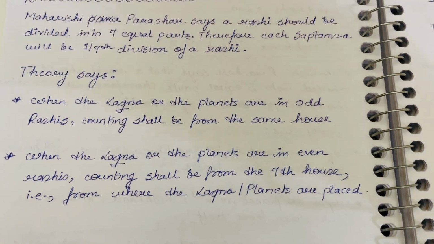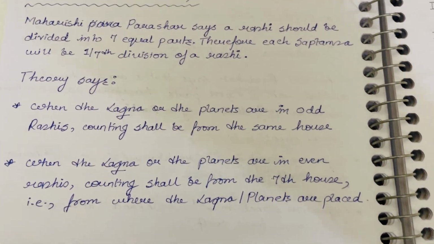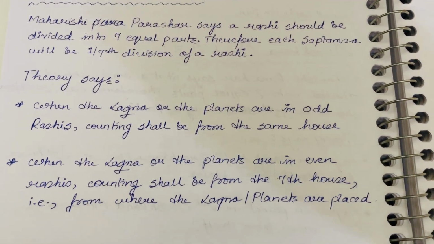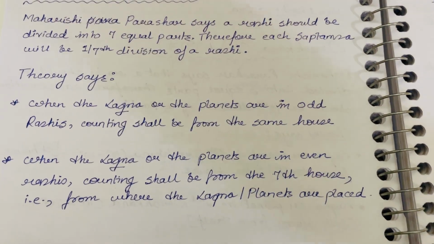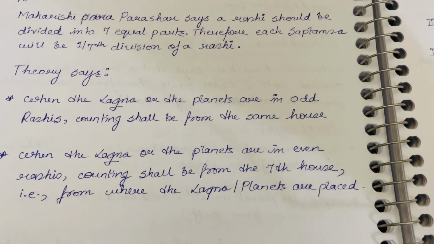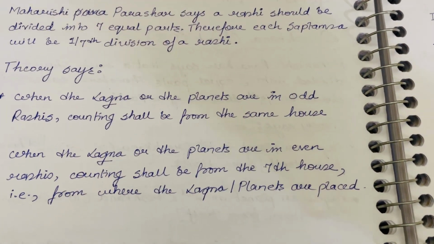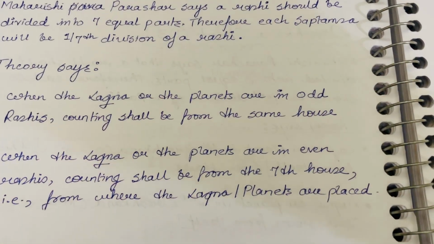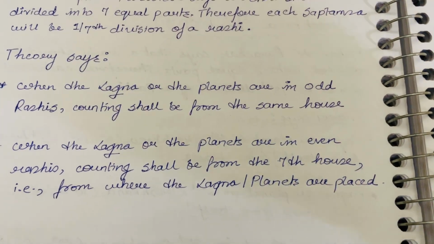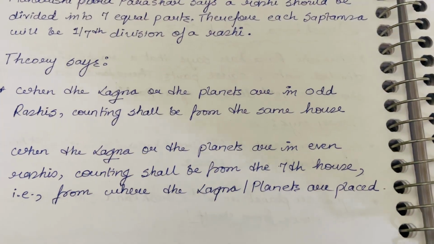Two: if the Lagna or the planet is in an even rashi, then counting shall start from the seventh house, that is, the seventh house from that Lagna or from that planet. These are the two theories we need to keep in mind.